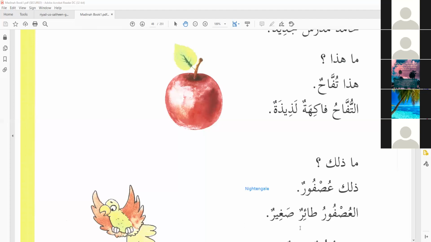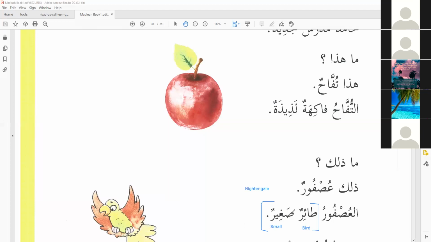So we have ta'irun. Ta'irun is bird. And sagir means small. Very good. So what do we have here? What is the sifa mawsuf pair that we have in this exercise? طائر صغير. Very good. Excellent.